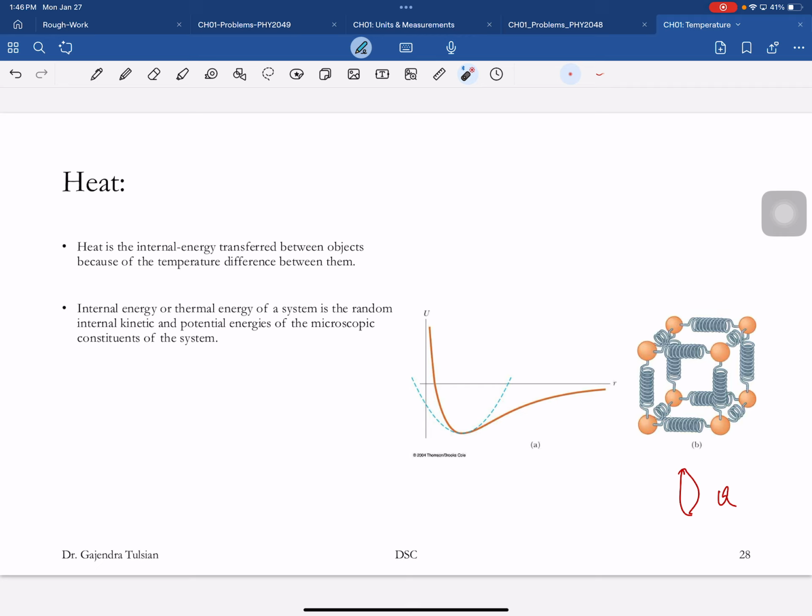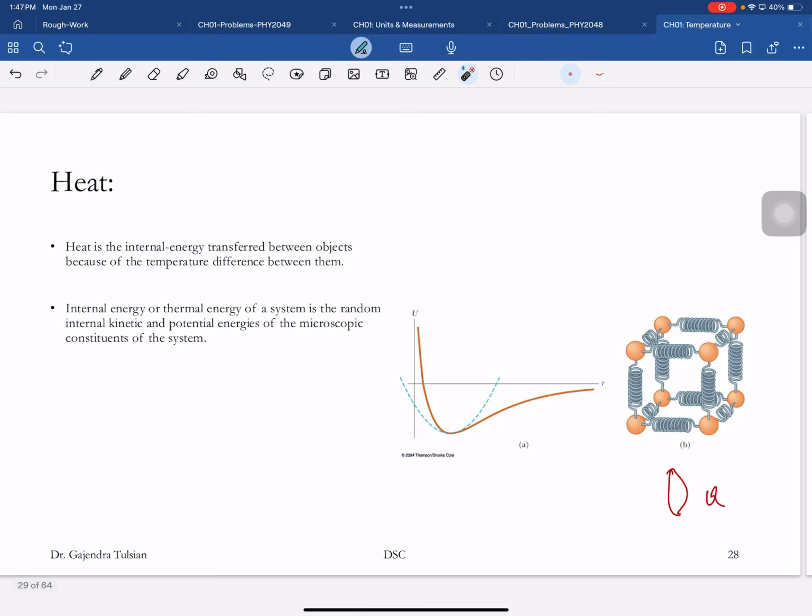So internal energy is the random kinetic and potential energy, and heat is that energy flowing from a hotter object to a colder object. Internal energy or thermal energy of the system is the random internal kinetic and potential energies of the microscopic constituents of the system.